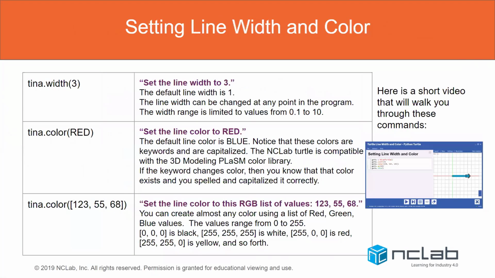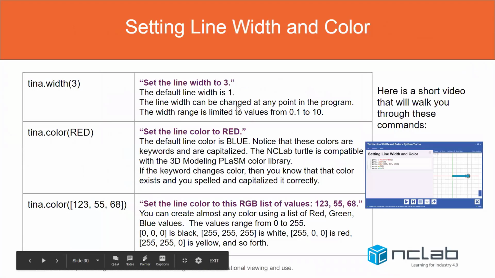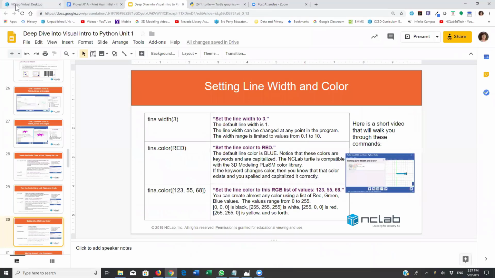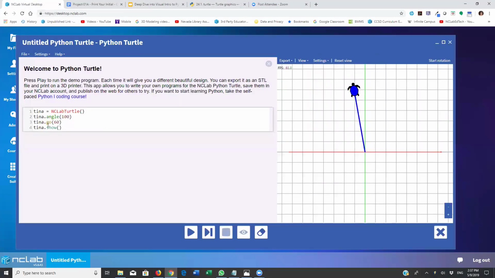We can also change how our line looks, and we can change the width, and we can change the color, and there are default values on those. And this calls from a color library. And we can also write RGB codes. So let me show you that on the app as well. And this is all in those little videos that I posted.